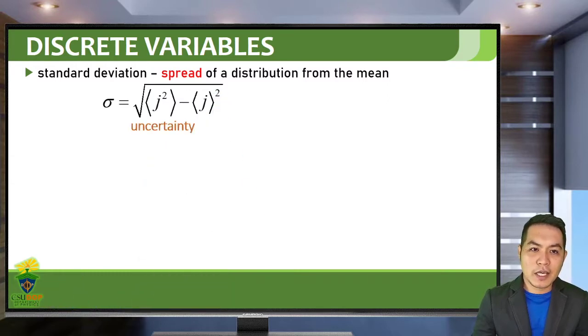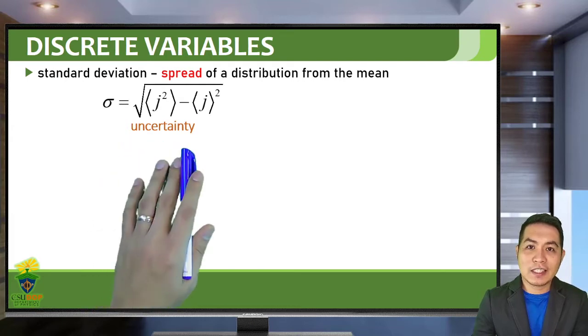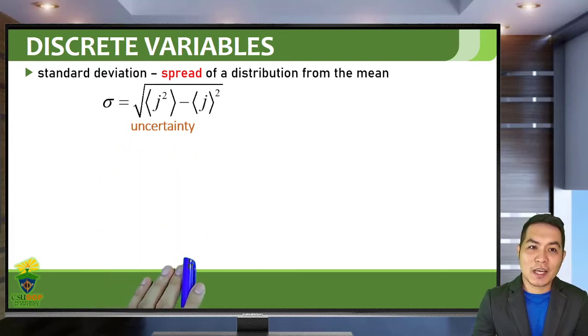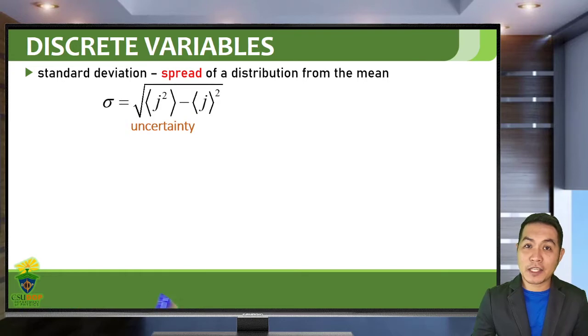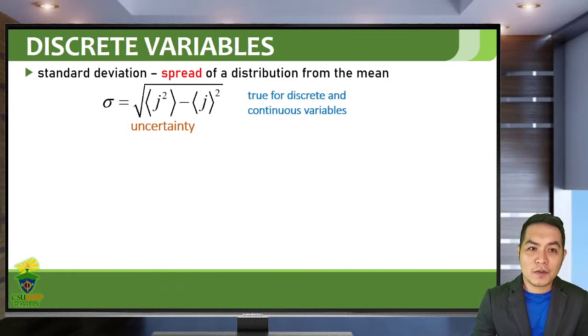In physics, we call this uncertainty. The larger the spread or the larger the deviation from the mean, the greater the uncertainty, the less accurate are your data or your results. This formula is true for all variables, discrete and continuous.